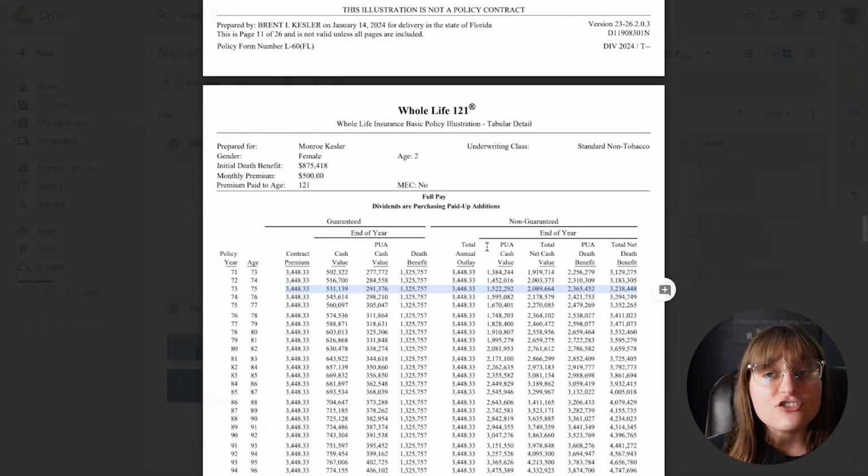And so if she wanted to at this point, instead of taking out loans from the policy, Monroe could go in here and start taking out tax-free withdrawals from the policy. She can withdraw the money and use that for her living expenses.